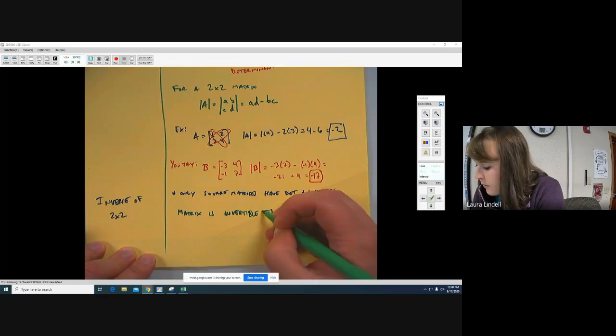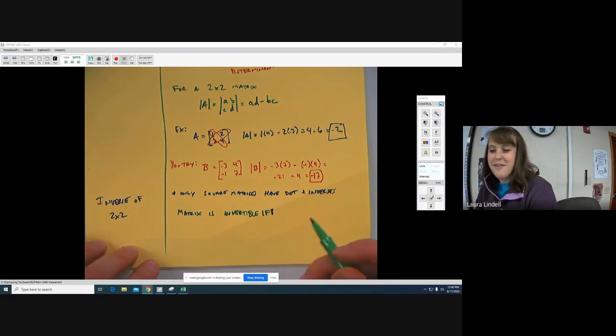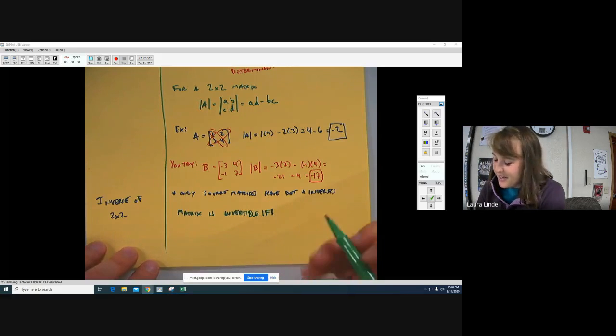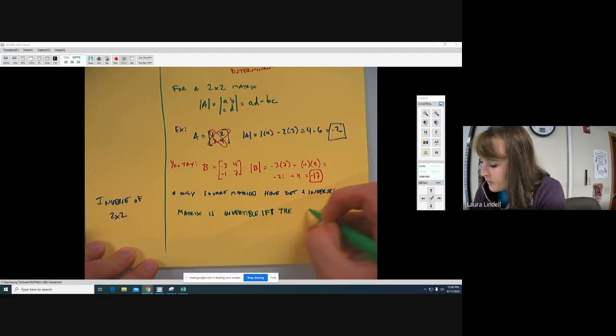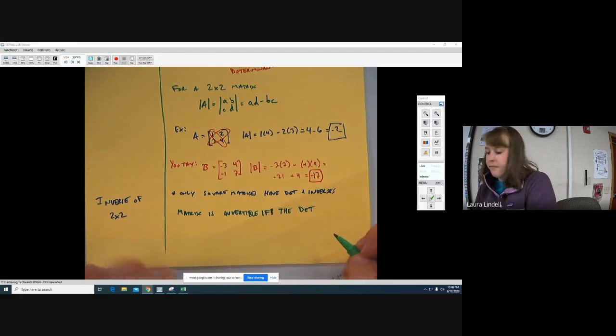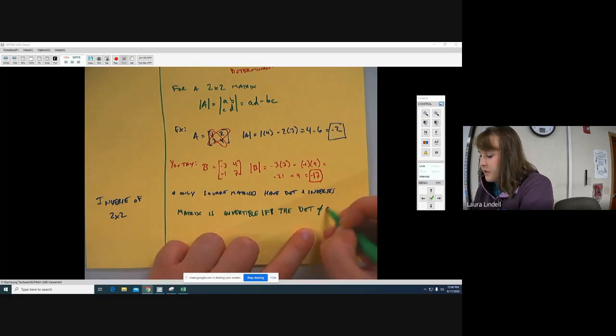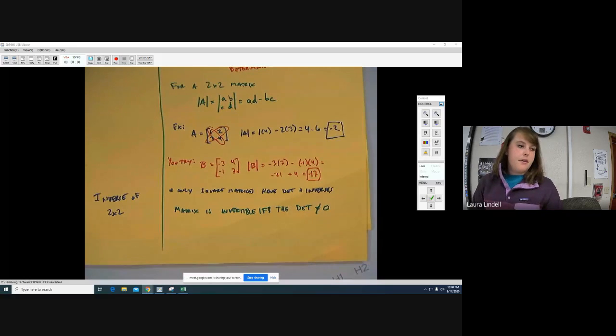A matrix is invertible if the determinant, and I'm just going to abbreviate it with DET, is not equal to 0. So the matrix must have a determinant that is not 0 in order to have an inverse.